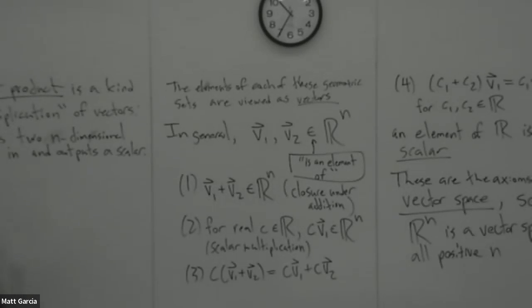So this is less than ideal, but we still care about it a lot because there is geometric content behind that. It tells us about the relationship between the two vectors that we put in the dot product. So let's discuss that.